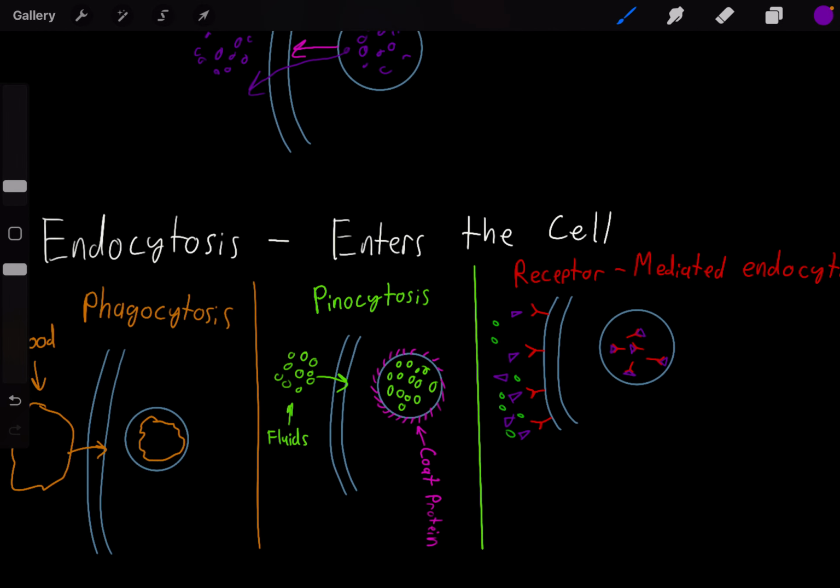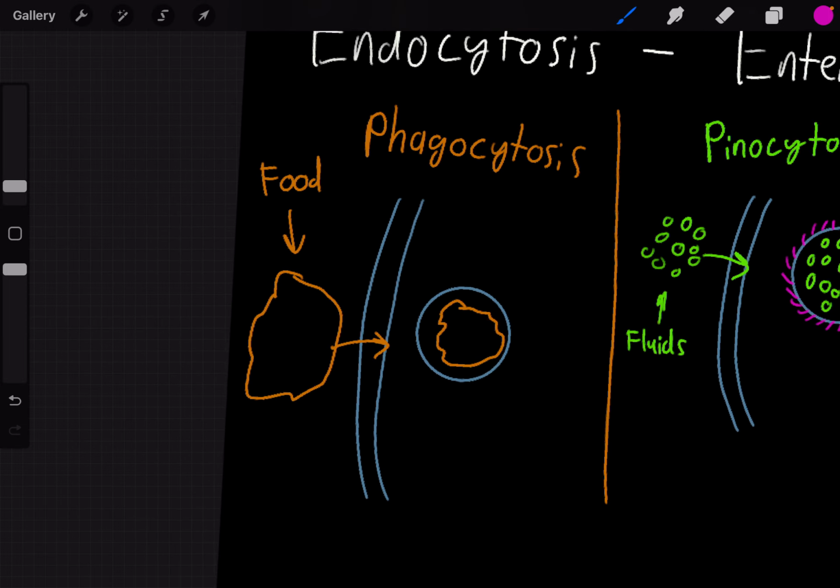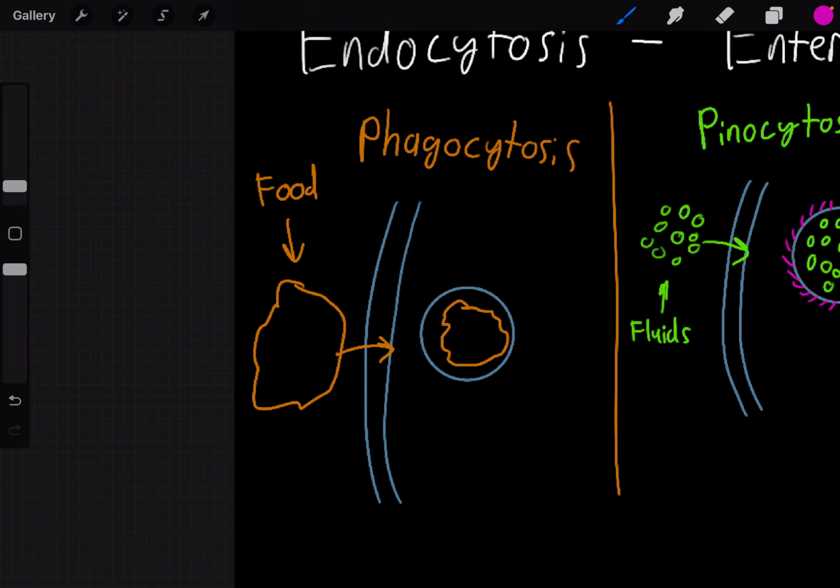Now endocytosis is entering the cell, but we have three different types of endocytosis. For example, when we have food entering the cell, a large food molecule will be engulfed by the plasma membrane. This is part of the plasma membrane, and it engulfs this food particle.